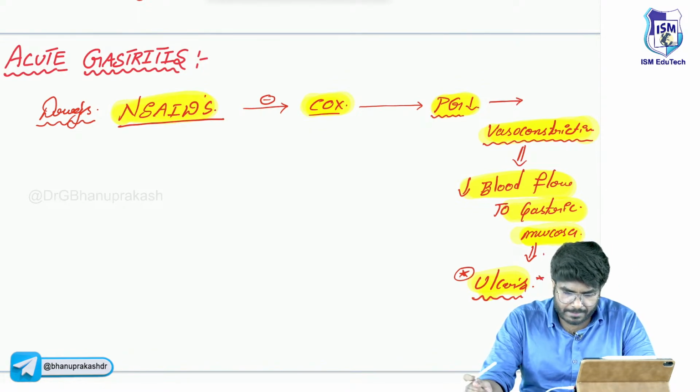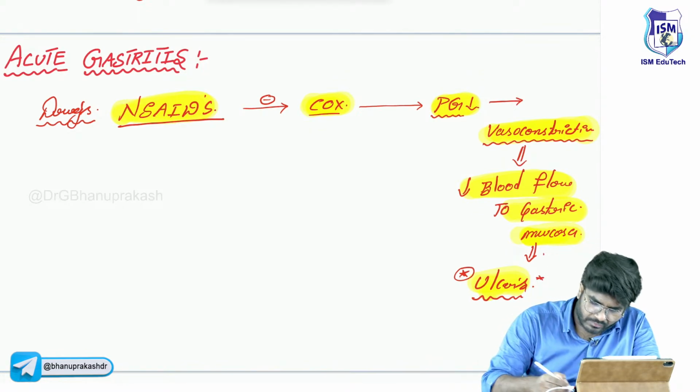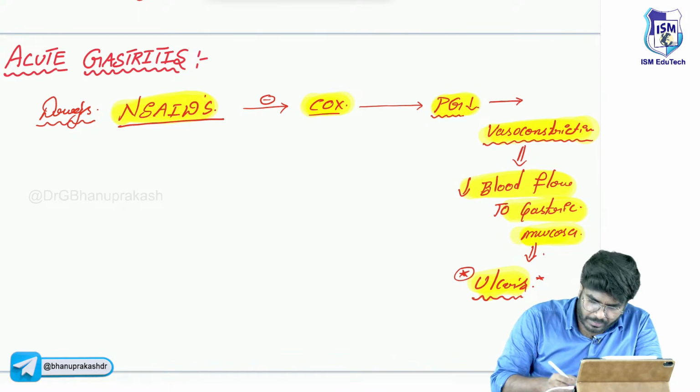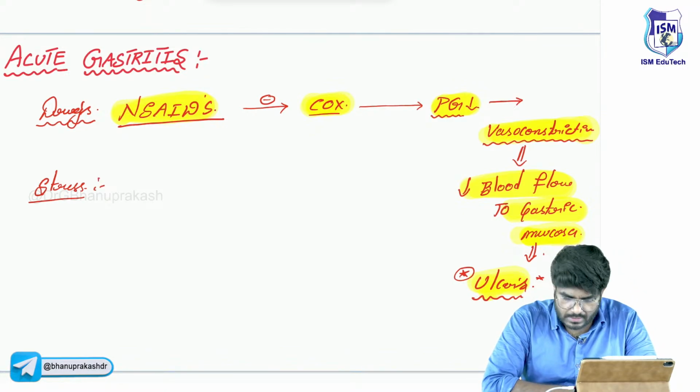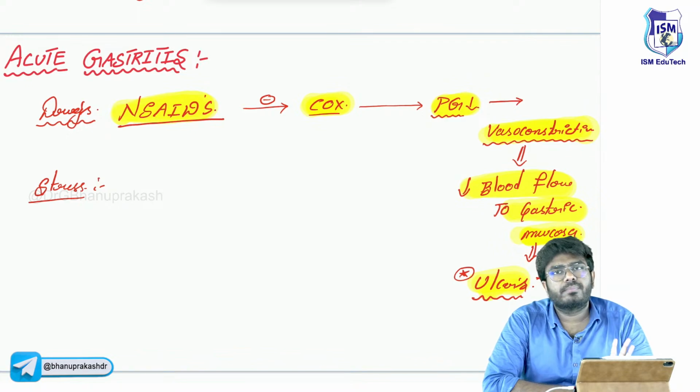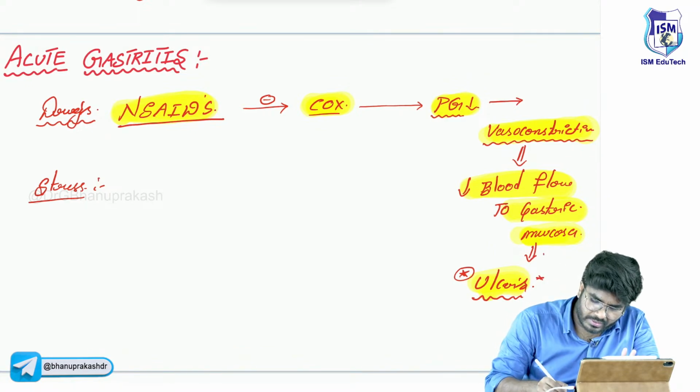And not only this, I want you to add 2 more important points here. When the patient is in stress, then also the patient is going to develop ulcers. Why? Because stress can also cause vasoconstriction. During stress conditions also there will be vasoconstriction.